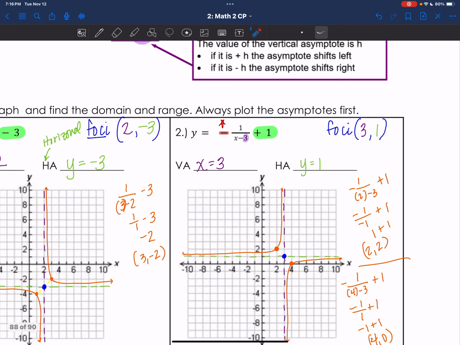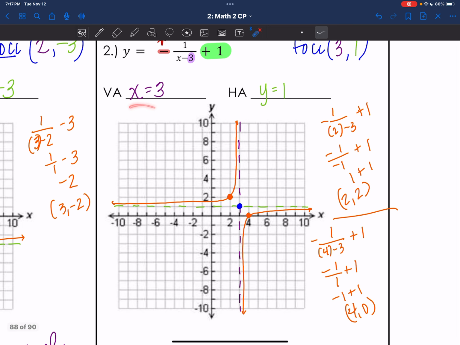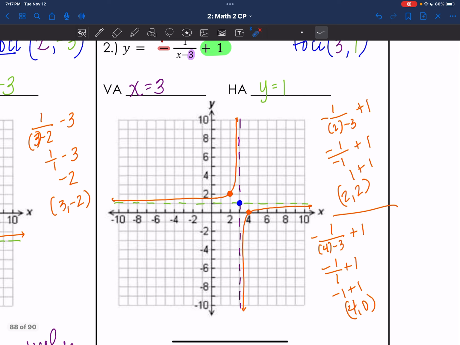Let's come over here. Now this one's different because if you notice, you have a -a. So this negative is going to be important because it's going to change which quadrant you're in. So you've got here, your 3 is still there for your h, k is still here. So now let's graph it. So x equals 3, it crosses the x-axis at 3, and then y equals 1, it's crossing the y-axis at 1.